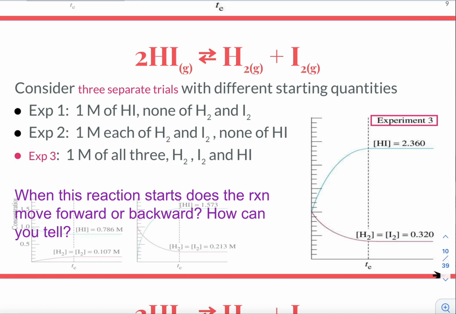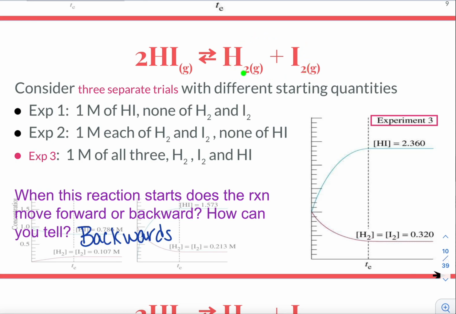Okay. The answer is that the reverse or backwards reaction is happening. And we can tell that because the concentration of the products is going down and the concentration of the reactant is going up.